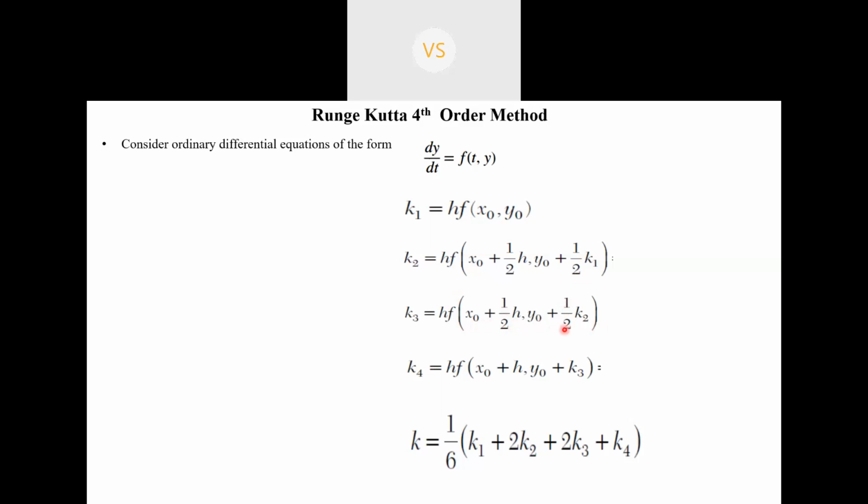Then you have to find the value of k4. So k4 will be h into f, where the value of x will be x0 plus h, and the value of y will be y0 plus k3. Finally you have to find the value of k, which is 1 by 6 of k1 plus 2 k2 plus 2 k3 plus k4. The y1 value will be y0 plus k.